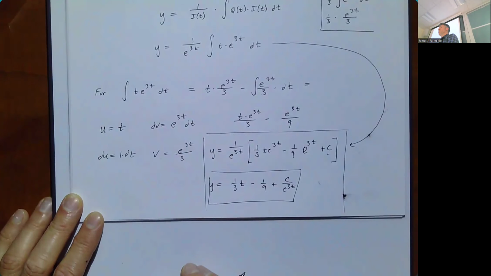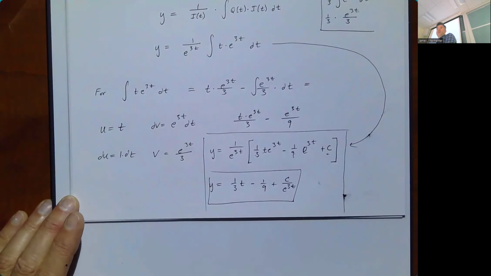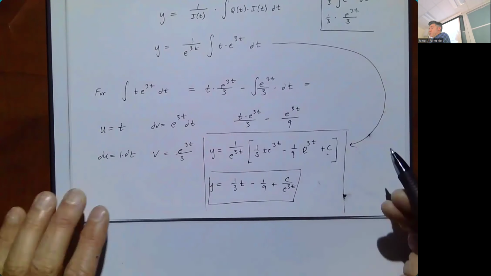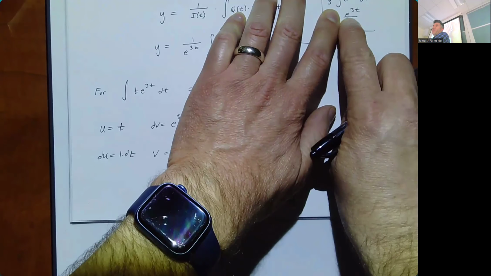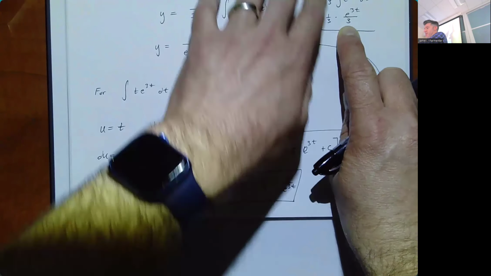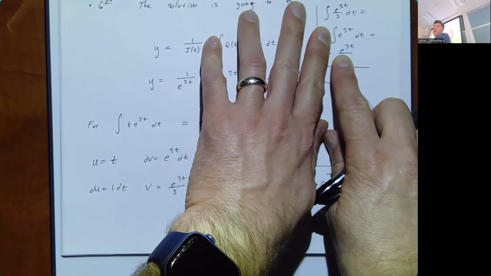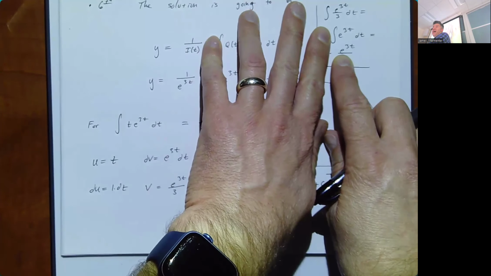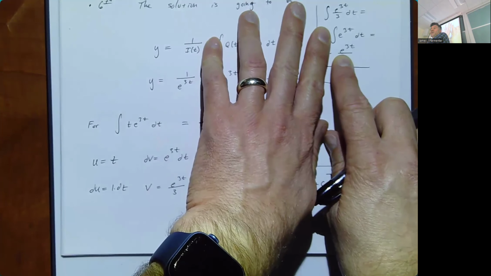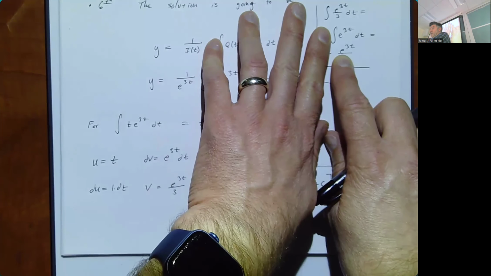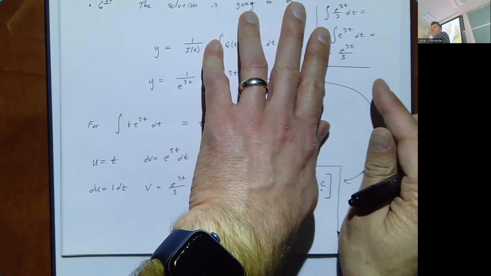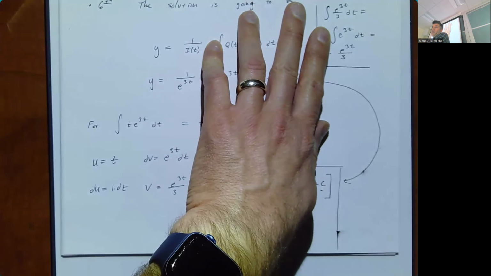The reason for that is really what we're doing here is a u sub without actually showing the work. But if you think about taking the derivative, what's the derivative of e to the 3t? The derivative of e to the 3t is e to the 3t times 3. So the antiderivative has to be e to the 3t divided by 3, so that when we take the derivative, those 3's cancel out.